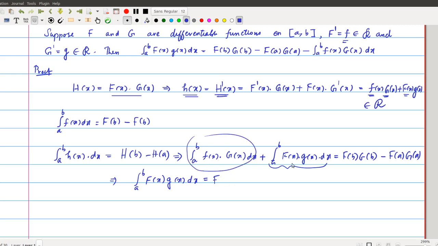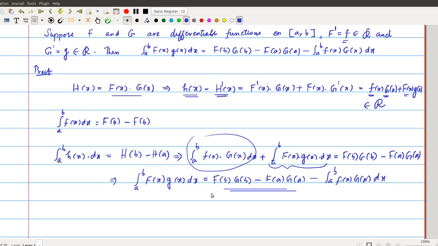On the right hand side we already have F of b G of b minus F of a G of a, and we have minus of this term, minus integral a to b small f of x capital G of x dx. So this is what we have to prove. This is the formula we call integration by parts.